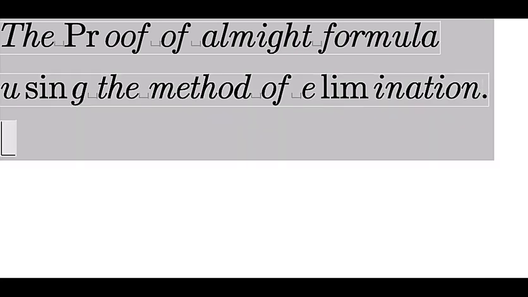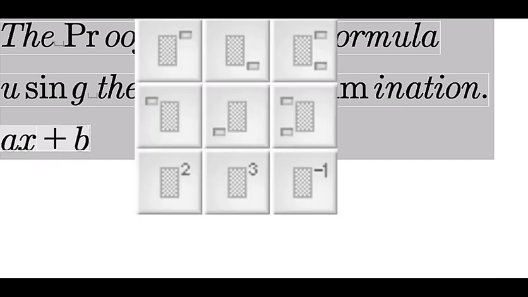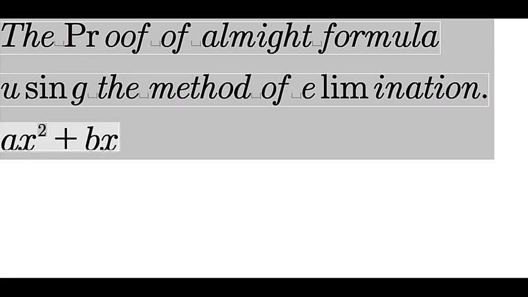Now let us establish our general quadratic equation in abstract form. The general quadratic equation is ax squared plus bx plus c equal to 0.